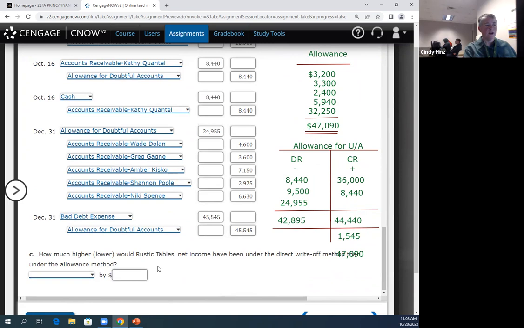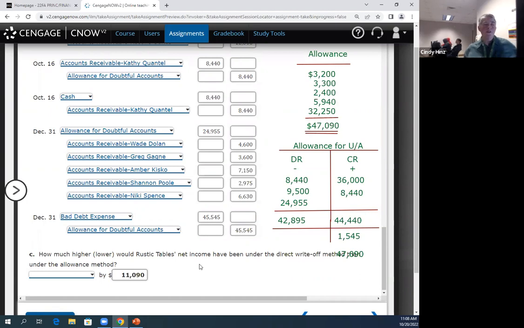$34,455 under the direct write-off method, $45,545 under the allowance method. So the difference between those two numbers, $34,455 under the direct write-off method, $45,545 under the allowance method.